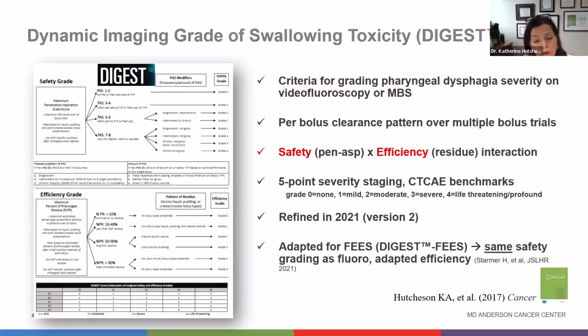And for those who do both fluoro and FEES, it's important to note that the safety grading for Digest FEES is identical to the safety grading in Digest version 2 for video fluoroscopy. But we had to adapt the efficiency because you can't look at residue in the same way that we describe for Digest for video fluoroscopy. You can't look at residue that same way on FEES.